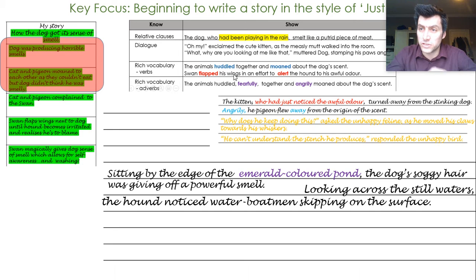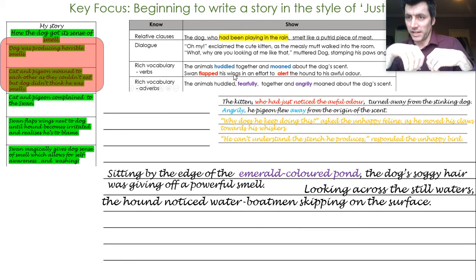Looking across the still, calm waters, the hound noticed water boatmen skipping on the surface. I don't know if you've ever seen a water boatman. It's a little insect that does not sink but can step on water because of the way that the weight of its body is distributed.